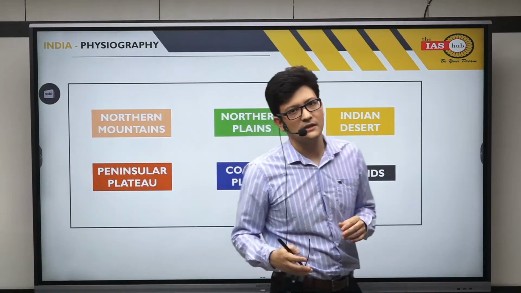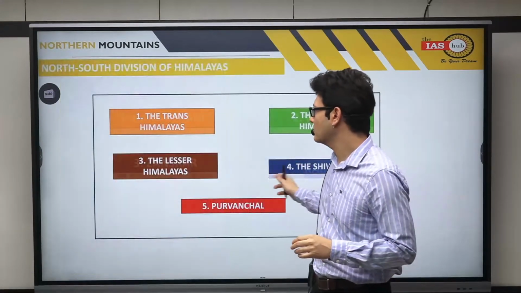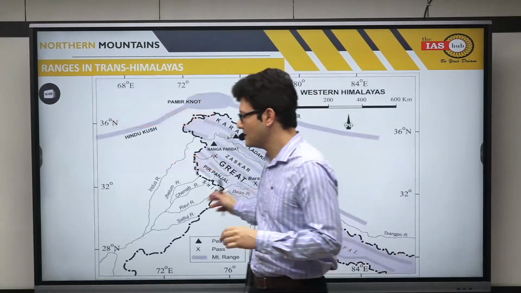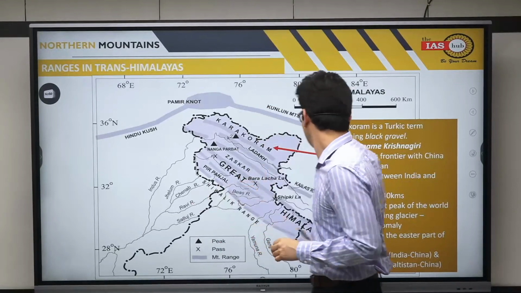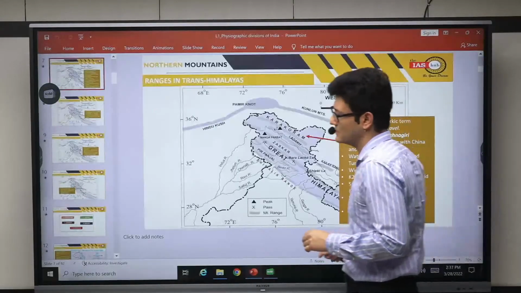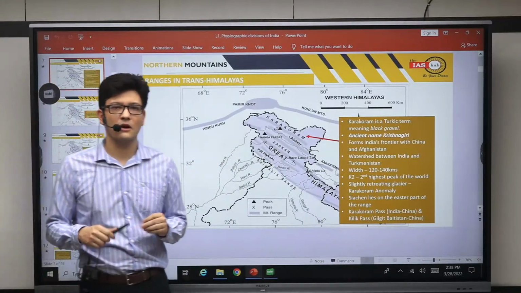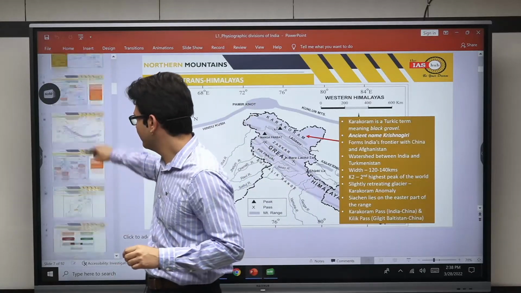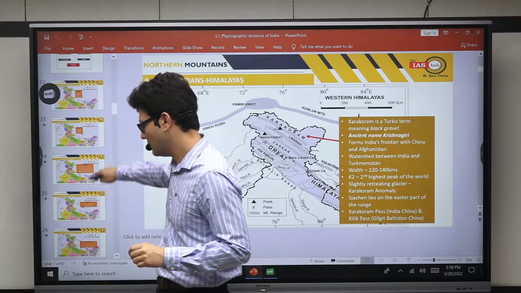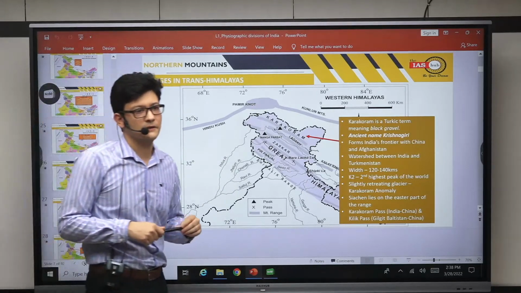Next, we discussed some of the major passes located in these ranges. Among these ranges, the largest number of passes were present in the Karakoram range. Then we moved on to Himachal. After Himachal we saw Uttarakhand, with passes like Lipu Lekh Pass, the Mana Pass, and the Niti Pass.